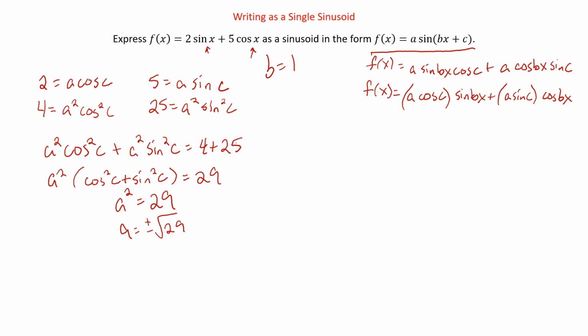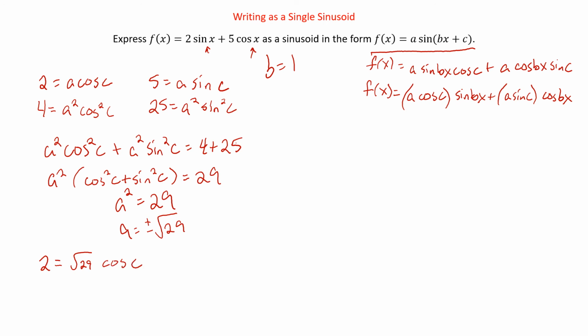We're going to use the positive one and plug it into any of the two original ones. So we have 2 equals a root 29 cosine c.